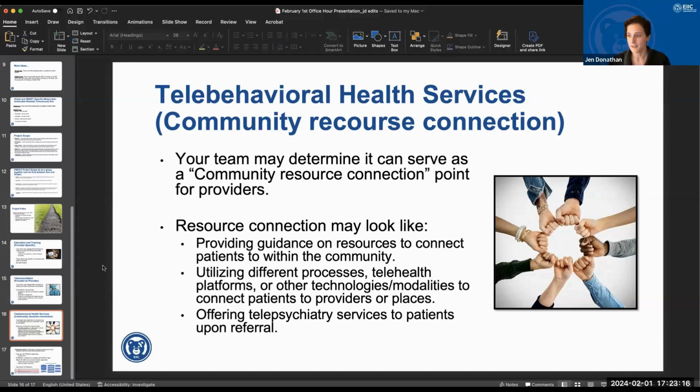Also knowing that while we have these 3 different pathways and it helps us stay a little bit more organized, we understand that teams could be dabbling in one, if not all of these, in their ED expansion efforts. Why we've done this is that over the course of our collaborative, we're going to pinpoint smart aims for teams. But once teams have honed in on the specific area of work that they're looking to apply quality improvement to, we want to break out into groups and pair like teams with like teams.